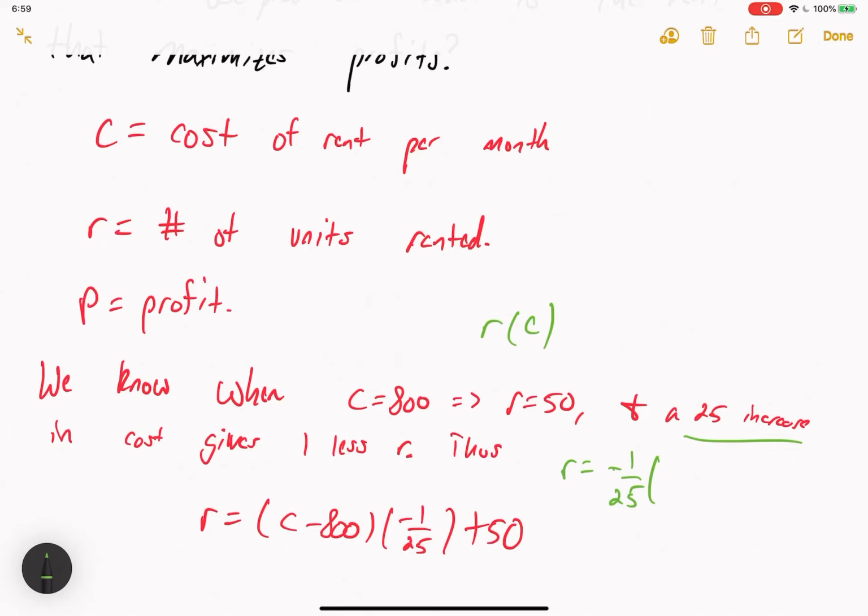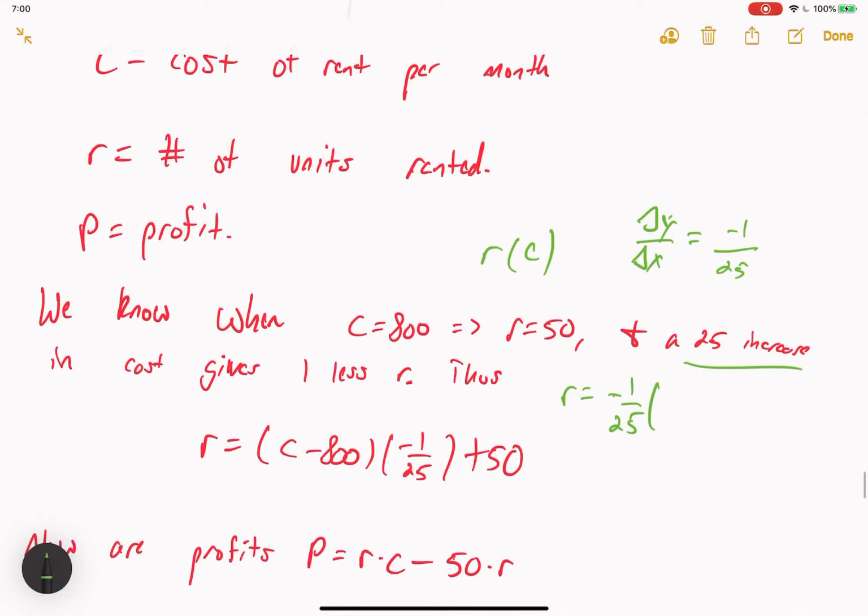So remember, it's the change in y divided by the change in x. So we got a 25 increase. As we move 25 up, we get 1 less R. So that's what we get.